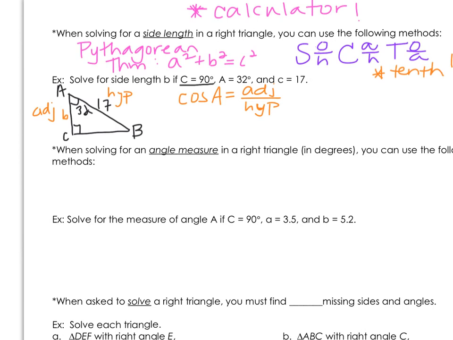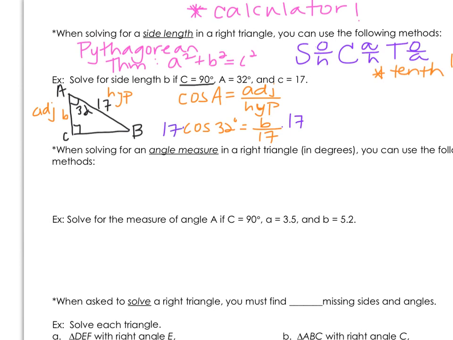Angle A is 32, that means cosine 32 will go on the left-hand side. On the right-hand side, the adjacent side length is B, that's the side we're solving for, and the hypotenuse is 17. To get B by itself, let's go ahead and multiply each side by 17.